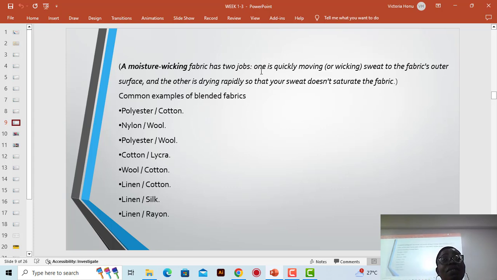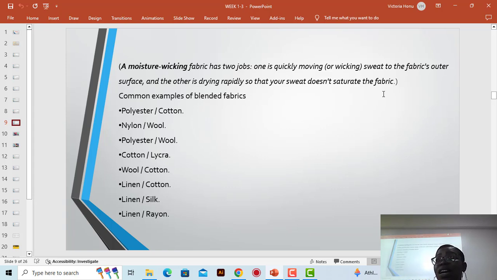So, the moisture wicking fabric is a fabric that is able to quickly move sweat or moisture to the surface of the fabric. That is one. And at the same time, drying it rapidly so your sweat or that moisture doesn't saturate the fabric. I'm using moisture in addition because it could be rain that had beaten you. What if you had stitched the fabric and were wearing it, and then you are walking, you don't know it's going to rain.